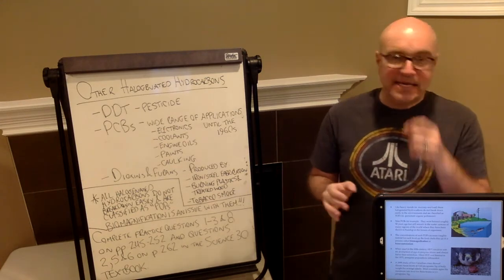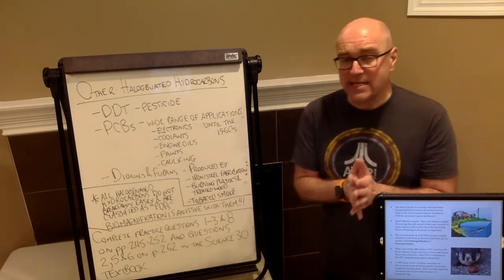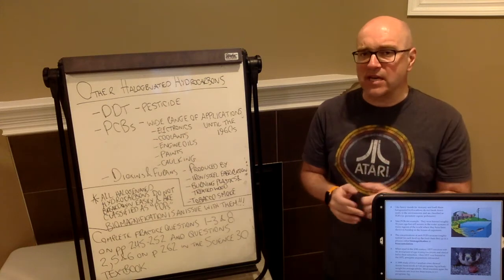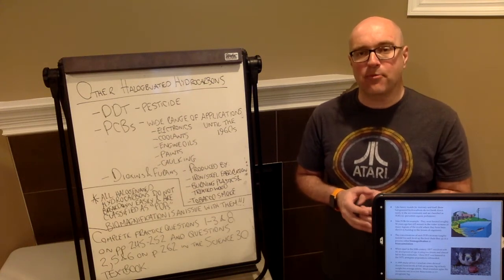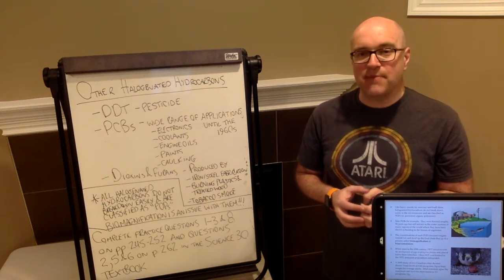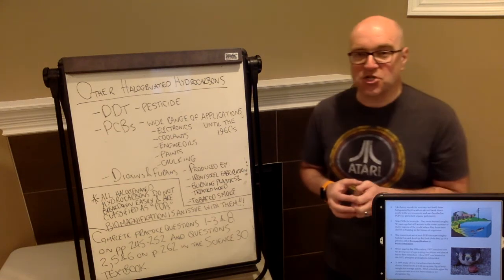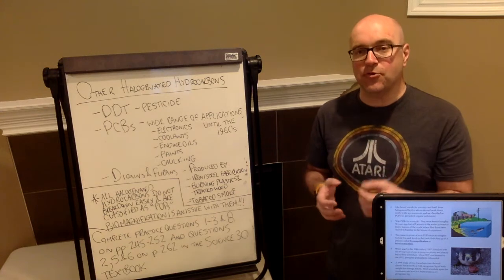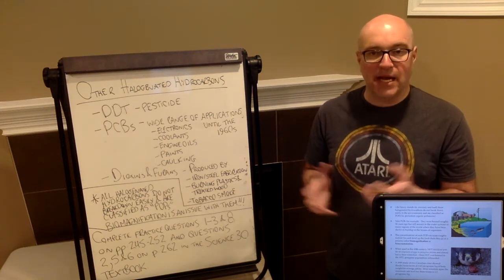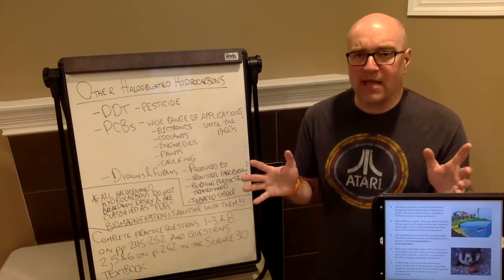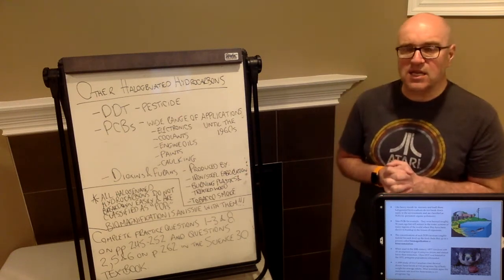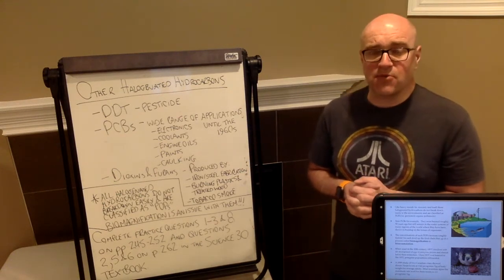As soon as they banned DDT, and the reason they banned DDT back in the 1970s is because they began to see increased levels of DDT in female breast milk. So it was when they began to realize that babies were ingesting this DDT through breast milk that became the lightning rod to tell scientists and politicians, we've got to stop using this stuff, because it doesn't break down, it doesn't break apart.